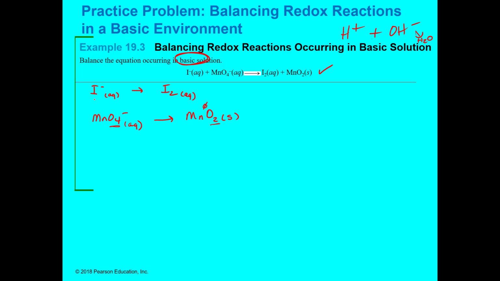This first one, though, doesn't have any oxygens, and so I know what's going to happen to it. First of all, I've got to balance my iodines. I have 2 on that side, so I have 2 on the other side. So I have 2 negatives over there, right?